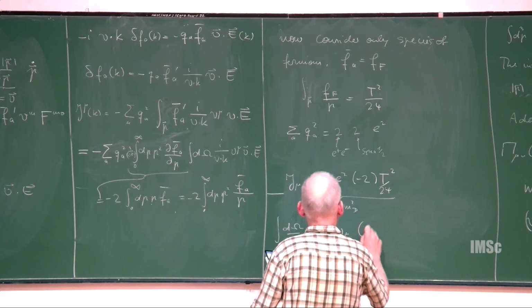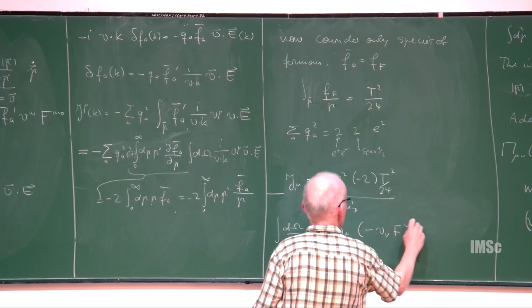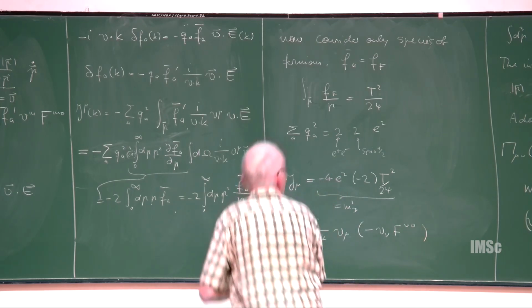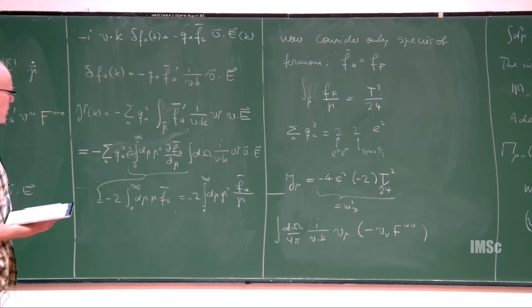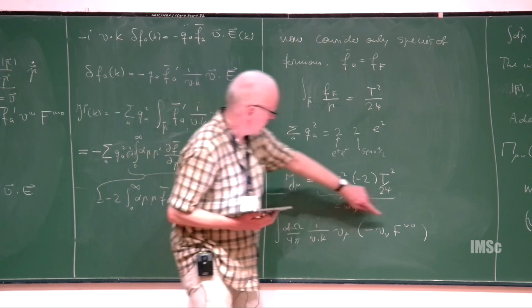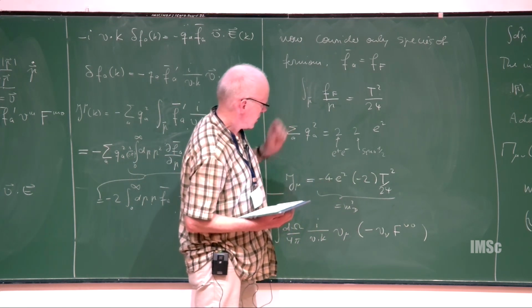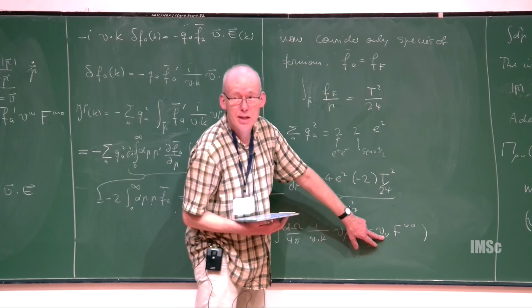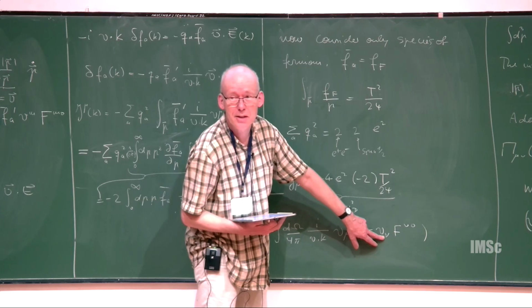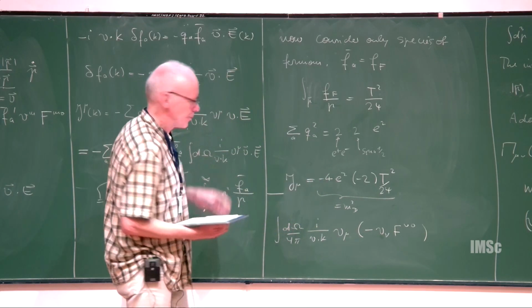So I have minus, can write this as minus F^{μ0}. Remember F^{i0} is the electric field, but here the index ν is downstairs, and with my metric convention that is minus in the spatial component, so this gives us plus v·E.